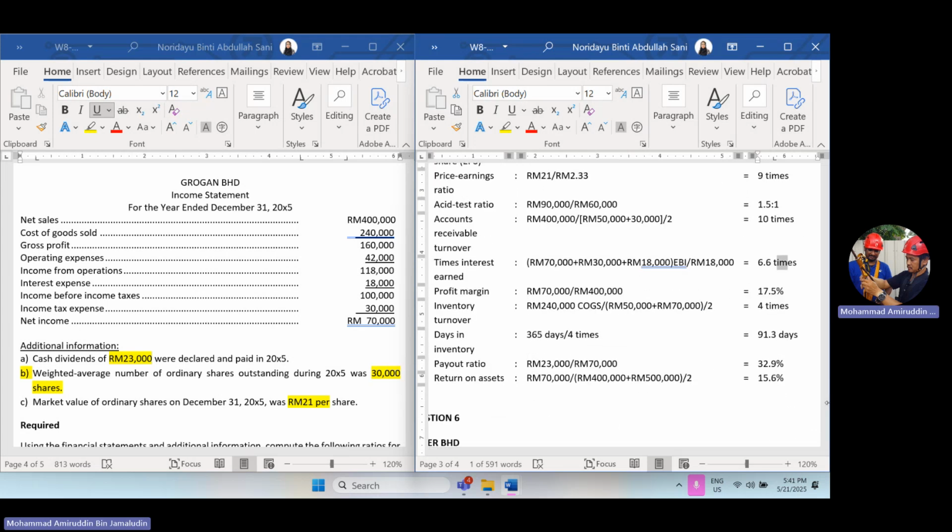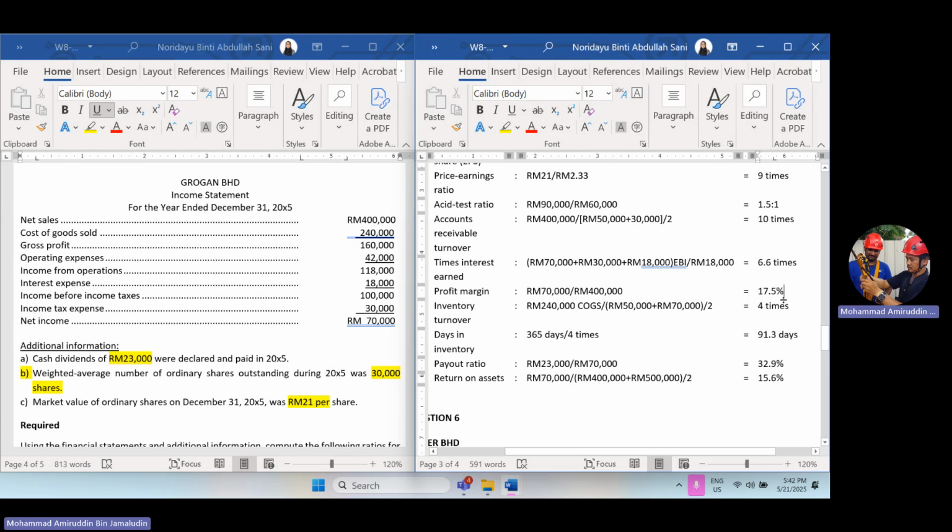Next, profit margin. This is also very famous. Profit margin, get your net profit, net income over your sales. So net income over sales, 70.5. Meaning, for every 1 ringgit of sales, I get almost 18 cents of profit. 1 ringgit of sales, we can generate 18 cents of profit.